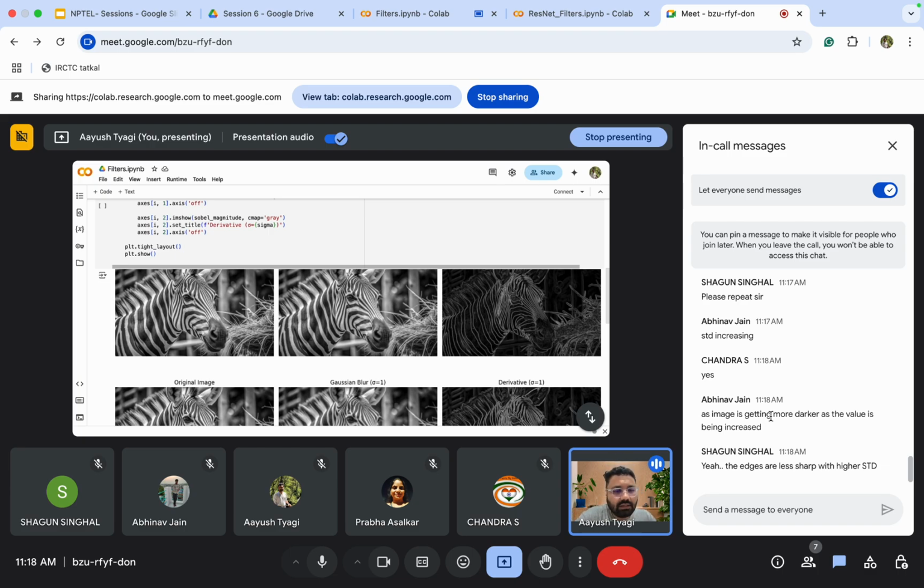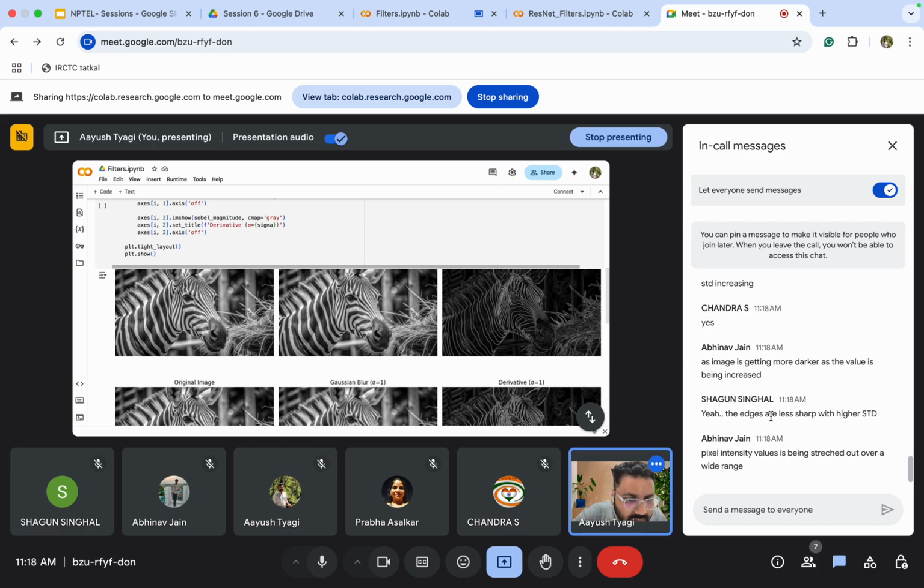If we do Gaussian filtering with a smaller standard deviation, the edges are sharp. But when you do it with a wider variance, you're smoothing out even more, so your edges become slightly spread out. Whenever the standard deviation is very small, the edges are very sharp.